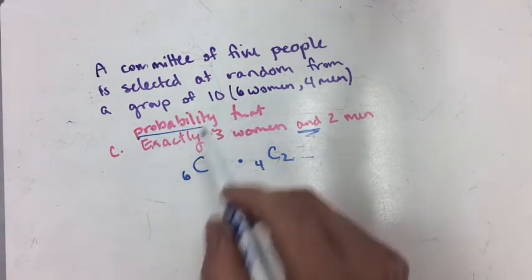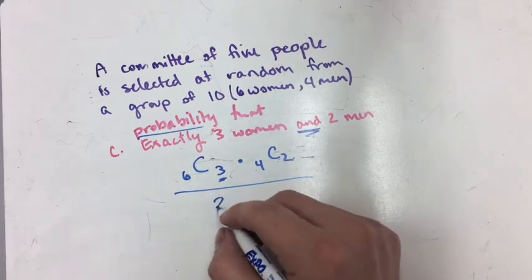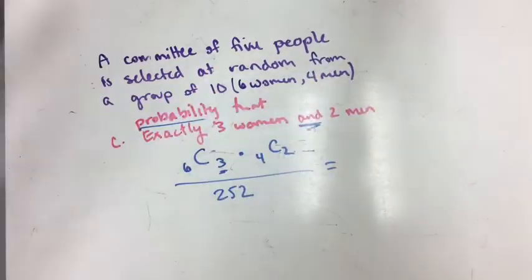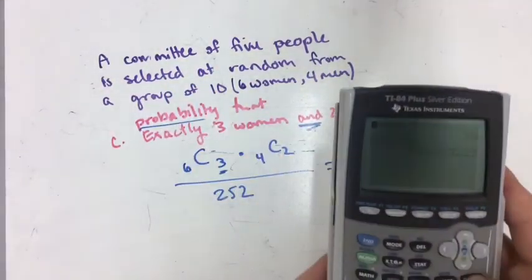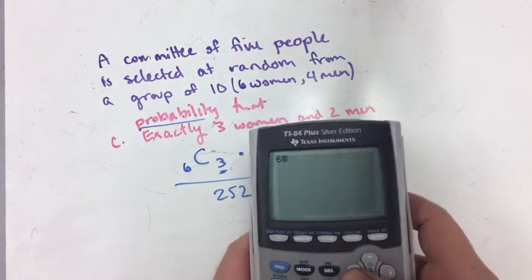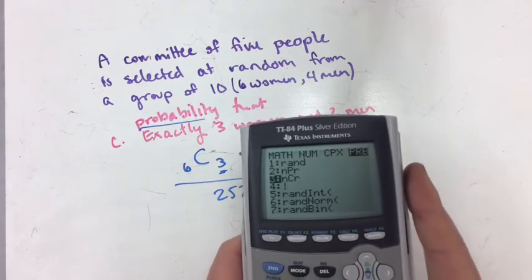However, we're asked for the probability, so we're going to have to divide by the entire sample space, which was 252. Again, this is going to take some calculator work. For those of you that have the TI, I can show you on this video how it goes. So you go 6, math, probability, down to 3, which is the choose.